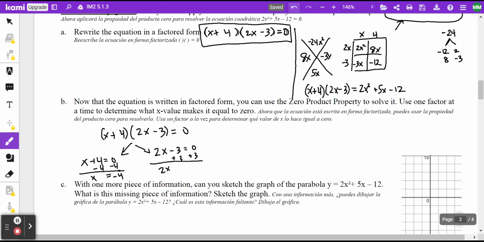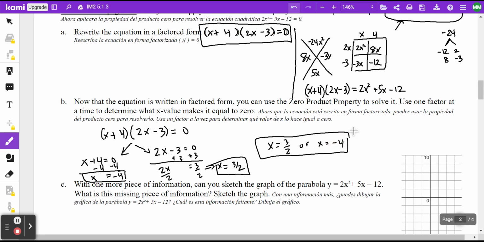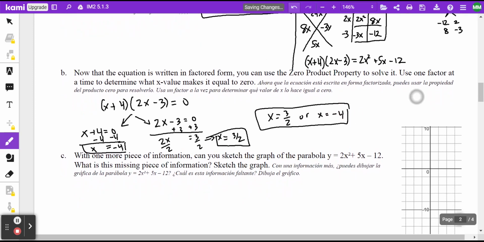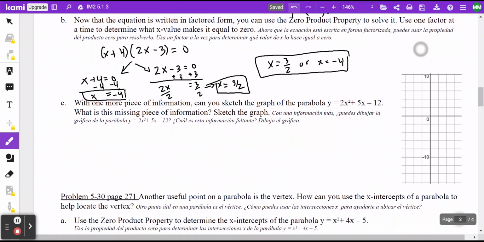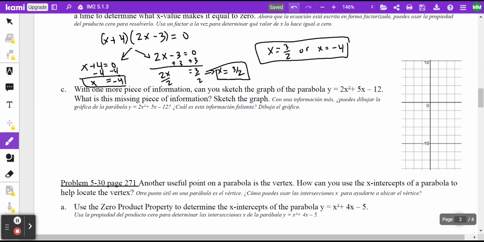I get 2x equals 3, divide by 2. I get x is 3 halves. So we got two answers here. X is 3 over 2, or x is negative 4. Okay, with one more piece of information, we can sketch this graph.